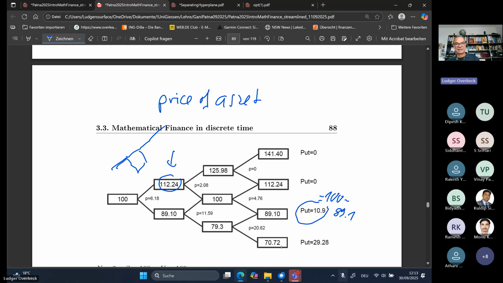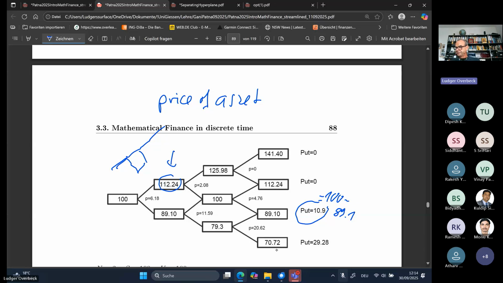Okay, you bought a put because you are very pessimistic, you believe everything is going down. I want to make money from equities going down. And in these two scenarios, you make money. You get 10.9 in this scenario, where you have just 2 downs and 1 up: down, up, down.